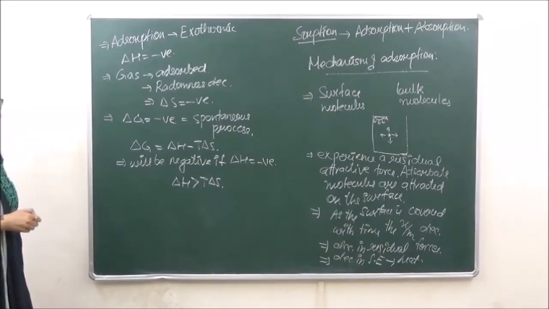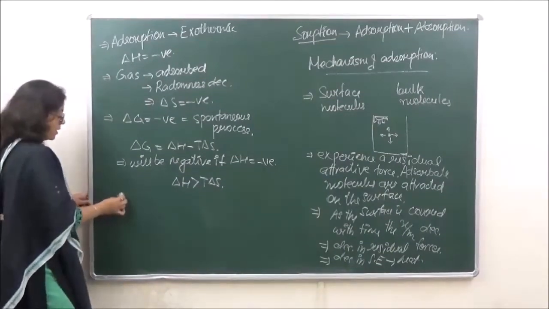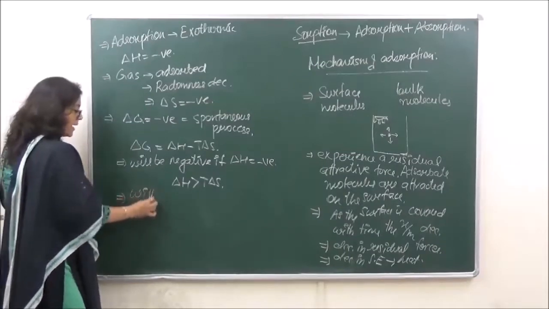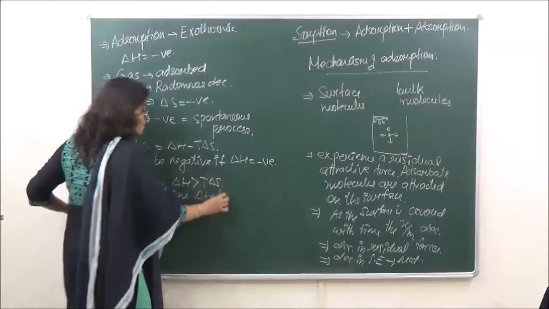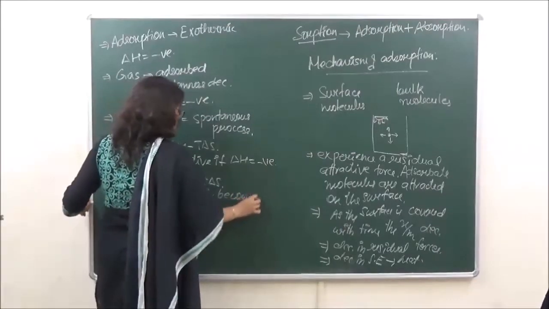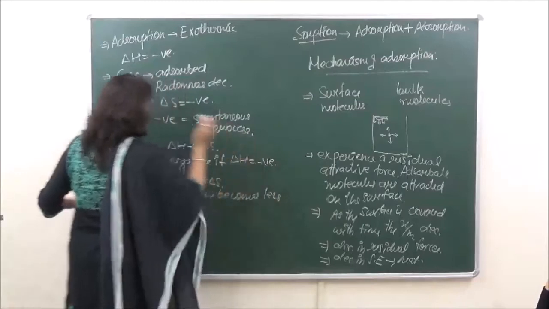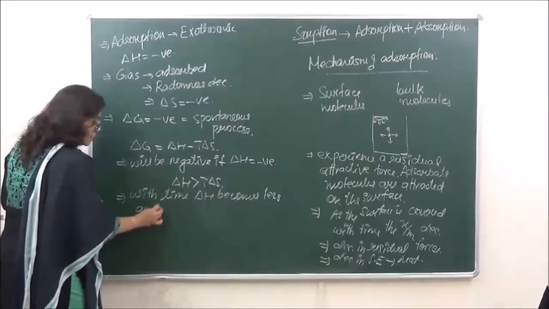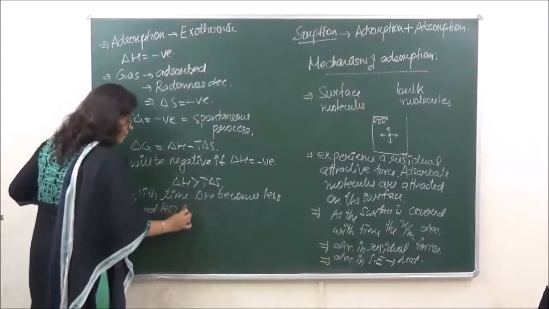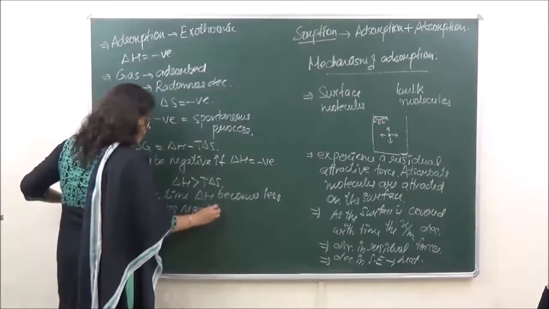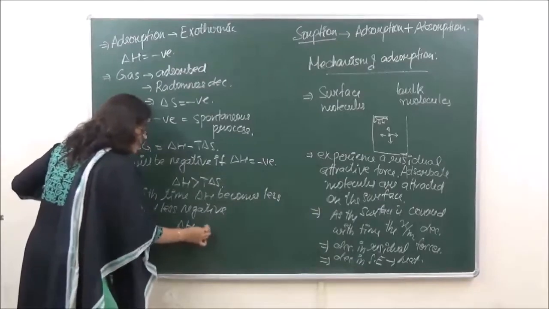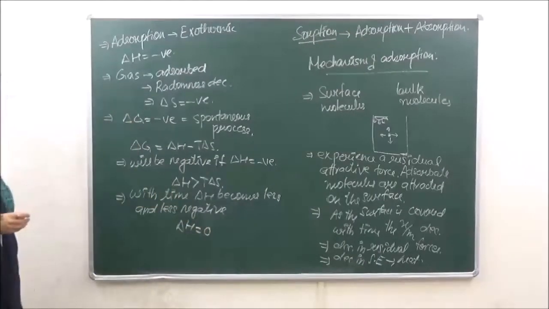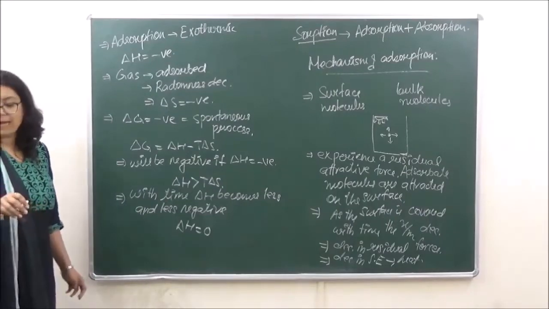Is it clear? Okay, so what are we saying over here? That with time, delta H becomes less and less negative. And the time will come when delta H becomes equal to 0.